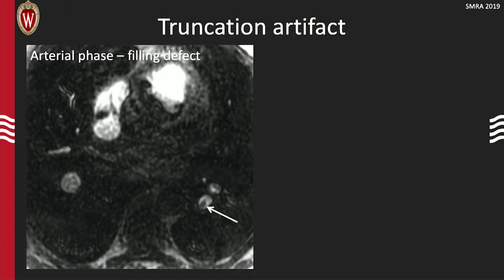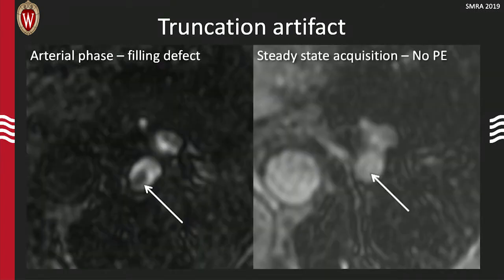We do have to recognize the common artifacts with MRA. One of the most common artifacts that we observe is truncation artifact, and if you zoom in on this segmental vessel in the left lower lobe, we see a relatively low signal intensity filling defect in that posterior segmental branch, but that goes away completely on subsequent phases.